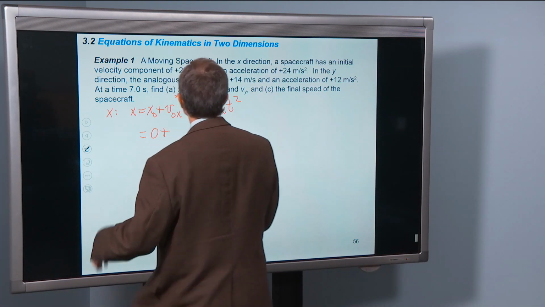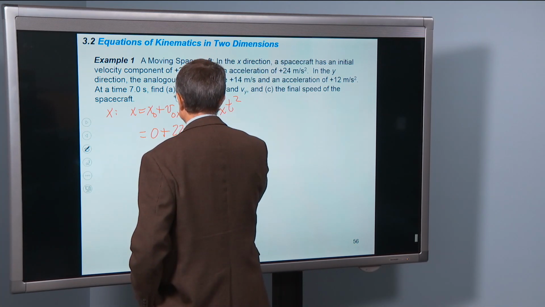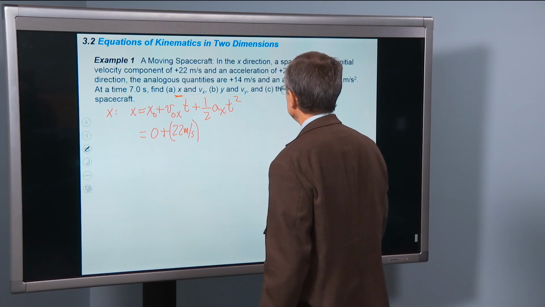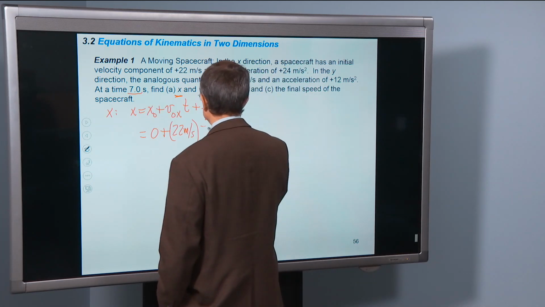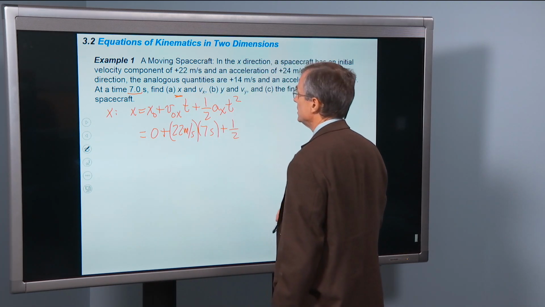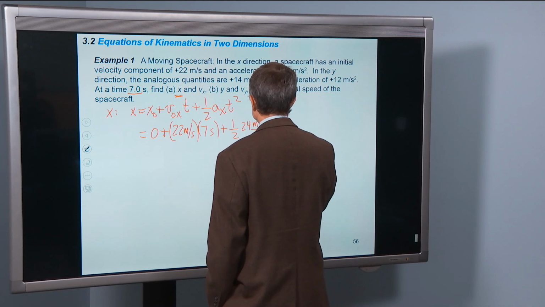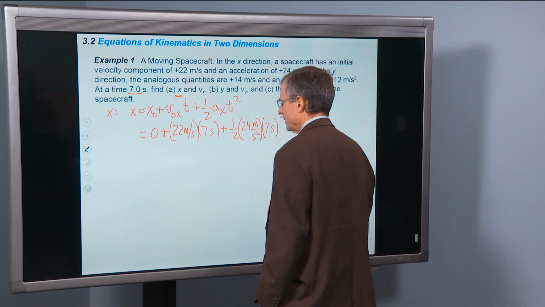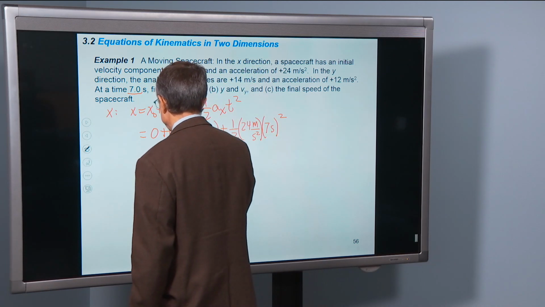V naught x, we're actually given initial velocity of 22 meters per second times time at a time of 7 seconds, it says here, plus 1/2, and the acceleration is 24 meters per second squared times 7 seconds, quantity squared. We can plug all those numbers in and get a number for x. It'll be some number of meters.